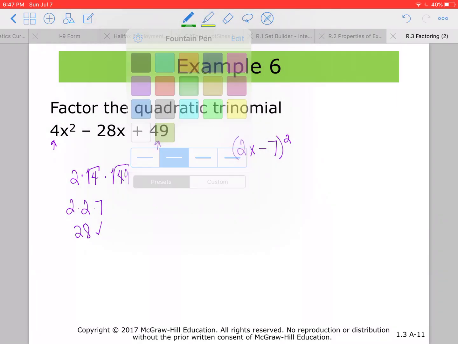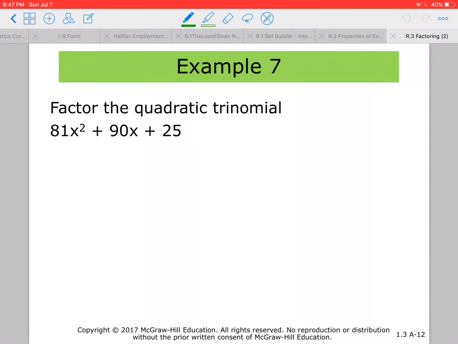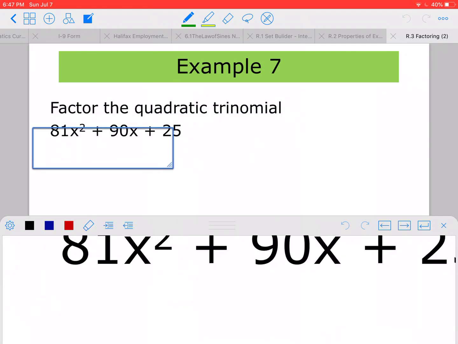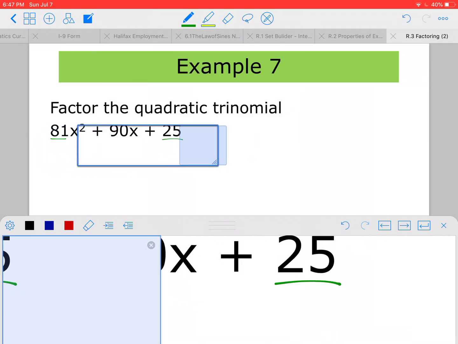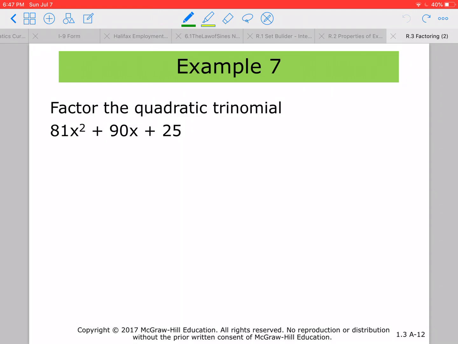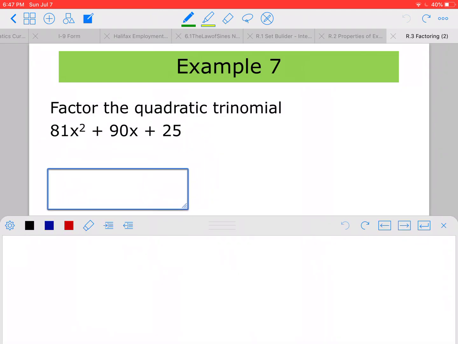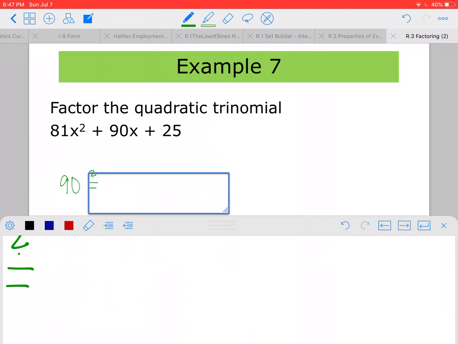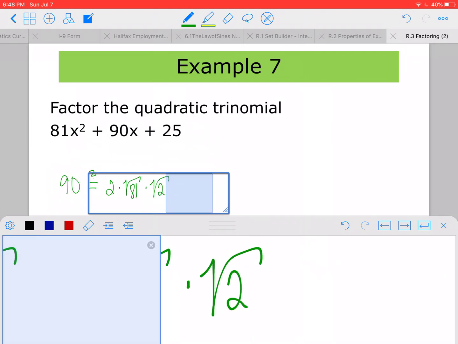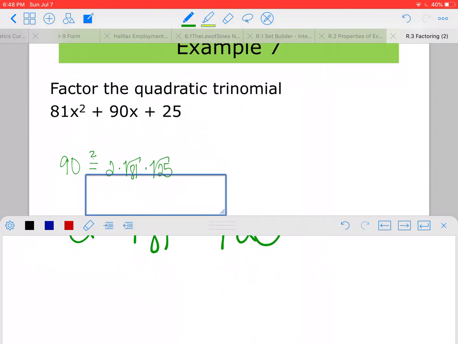Let's look at another one. Again, we can recognize that 81 is a perfect square and 25 is a perfect square. So we look and see, does the number in the middle, 90, equal 2 times the square root of 81 times the square root of 25? Well, that's 2 times 9 times 5.